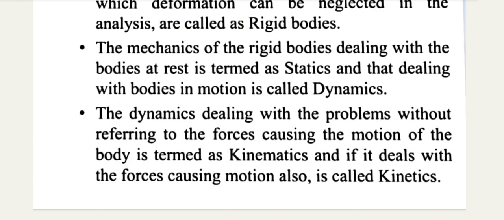The dynamics dealing with the problem without referring to the forces causing the motion of the body is termed as kinematics. And if it deals with the forces causing motion also, it is called kinetics.